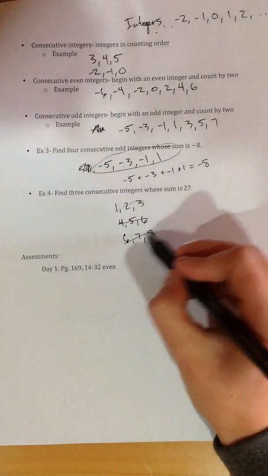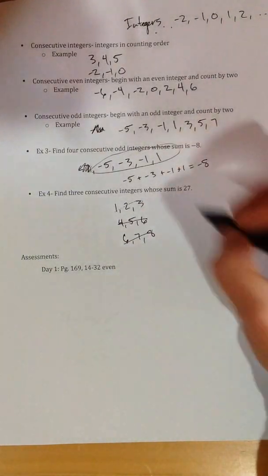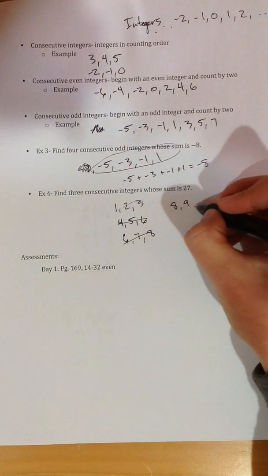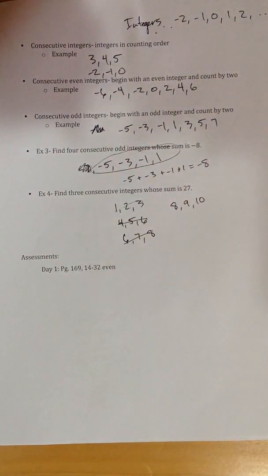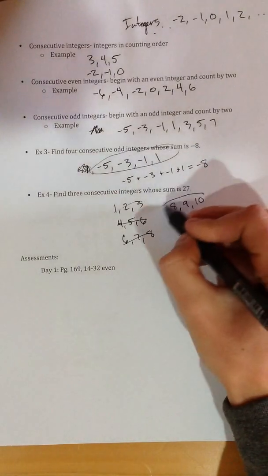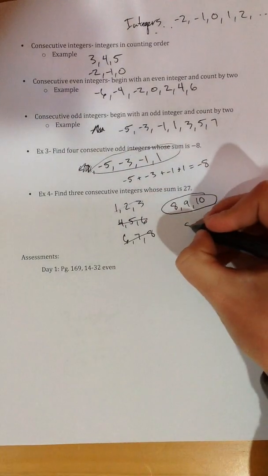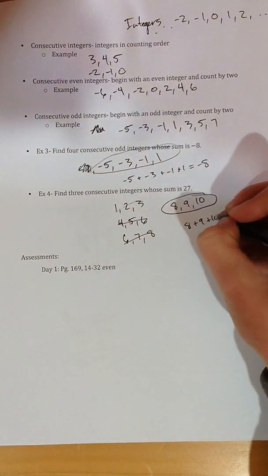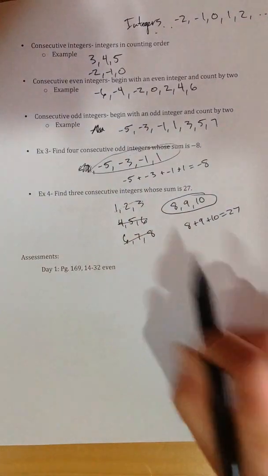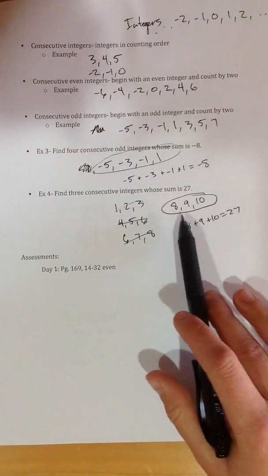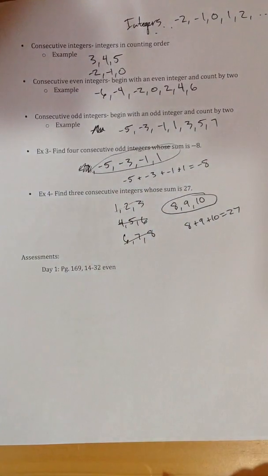Maybe I jump up a little bit more. Maybe I go 8, 9, and 10. Okay, if I do 8 and 9, that's 17, plus 10 is 27, so that would work. 8 plus 9 plus 10 comes out to be 27, so those would be 3 consecutive integers that add up to 27.